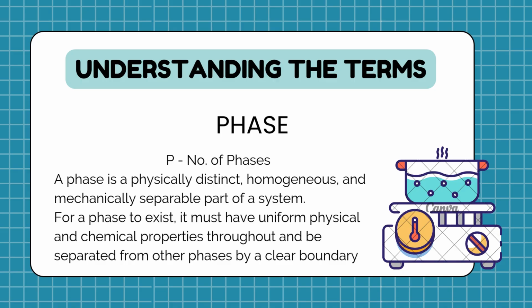For example, ice, which is a solid, water, which is a liquid, and steam, which is vapor, are three different phases of the same component, H2O. Another example is a homogeneous NaCl solution, which has only one phase because there is no clear boundary between the NaCl and water.